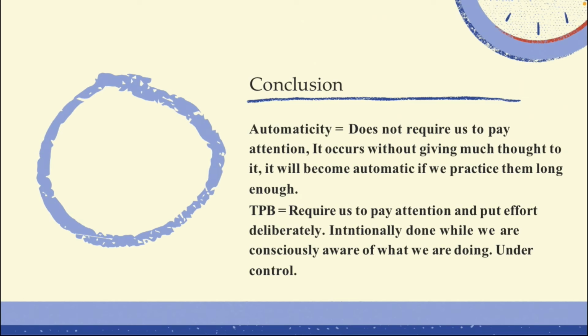The next one is the theory of planned behavior. The difference from automatic processing is that it requires us to pay attention and deliberately put in effort. Controlled processing is done intentionally while we are consciously aware of what we are doing; we have to think about what is going on and make decisions.